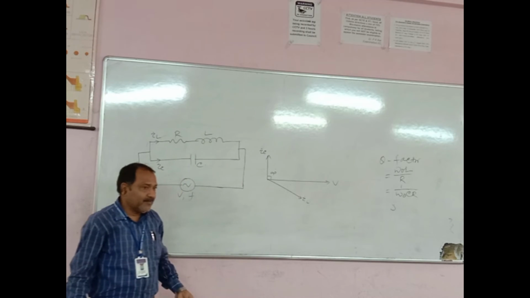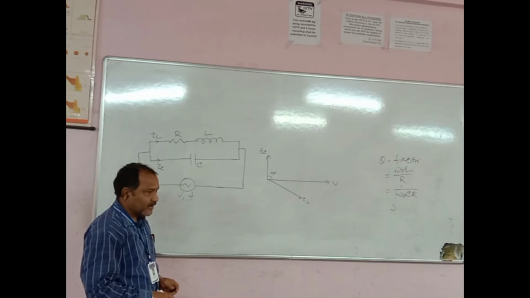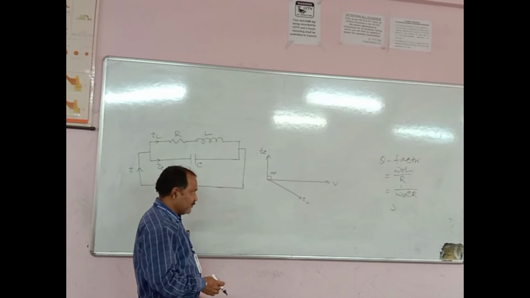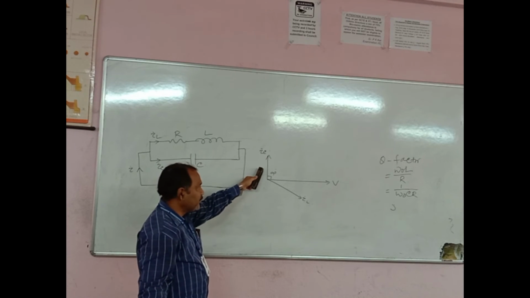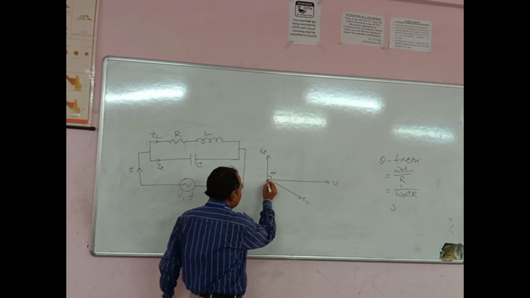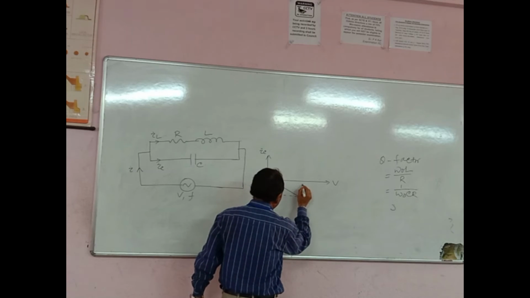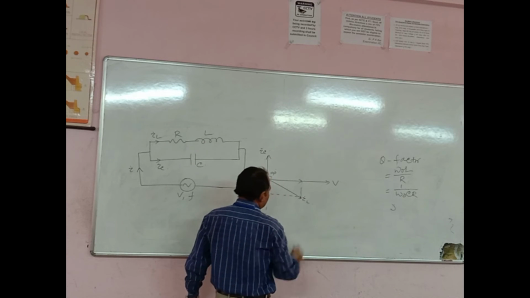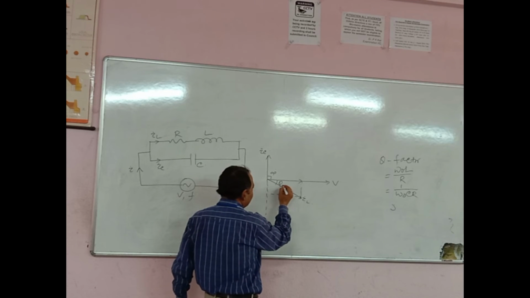Now, if we resolve into mutually perpendicular components, active and reactive parts, IC is completely reactive. It has no active component. But IL has both active and reactive components. So we can draw like this. This is the reactive component. Suppose this angle is phi.